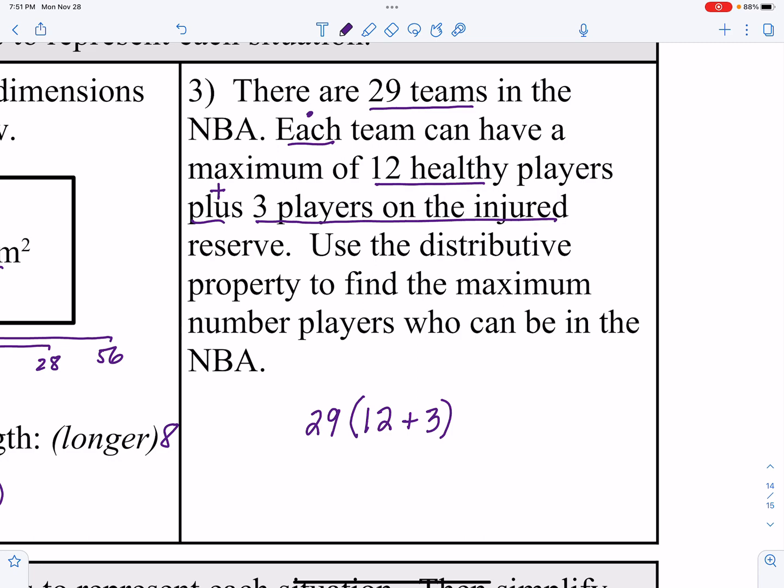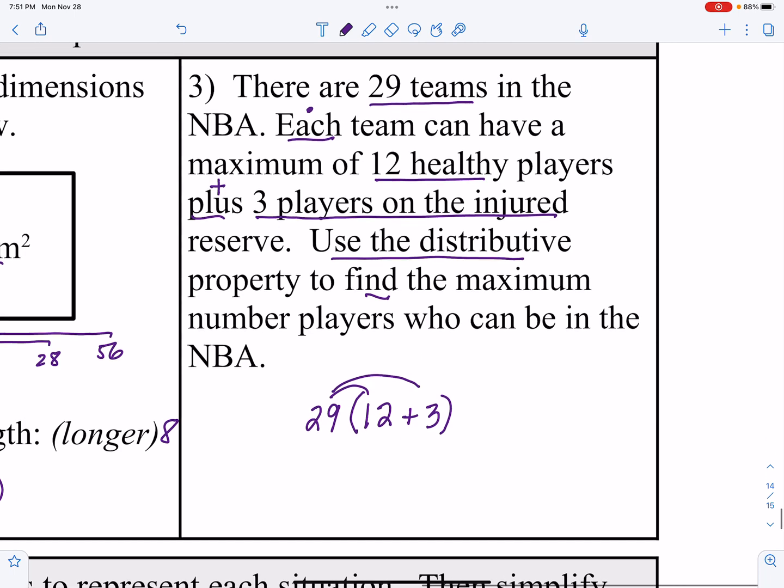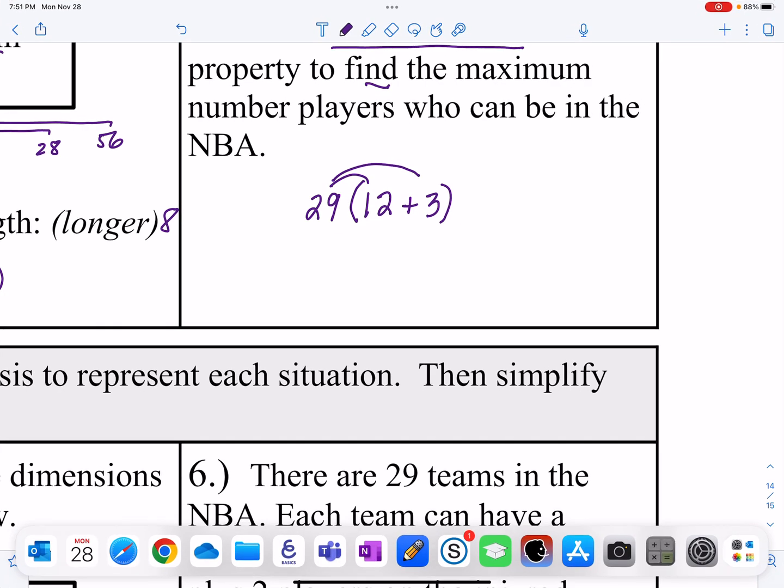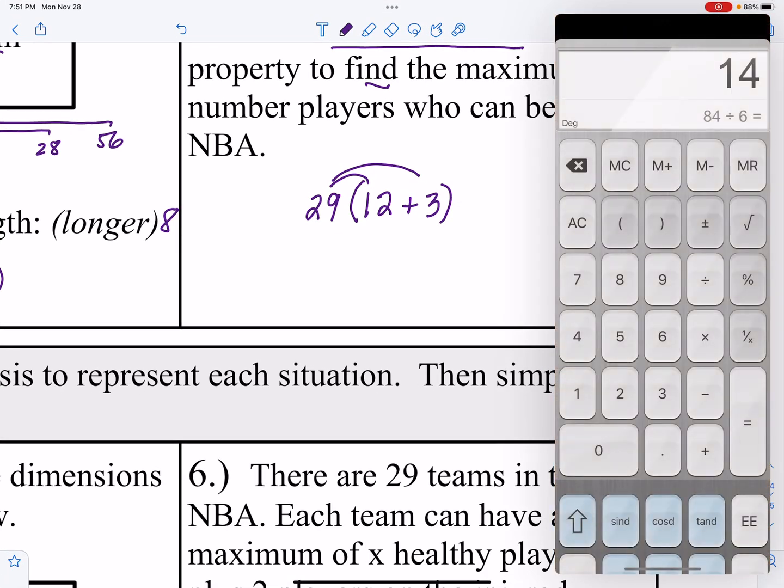Okay, and then I can actually go ahead and distribute these out to figure out what the maximum number of players could be in the entire NBA. So it doesn't say write an expression. It actually says use the distributive property to find it. So we do need to go ahead and solve this out. So I'm going to grab the calculator here and do 29 times 12.